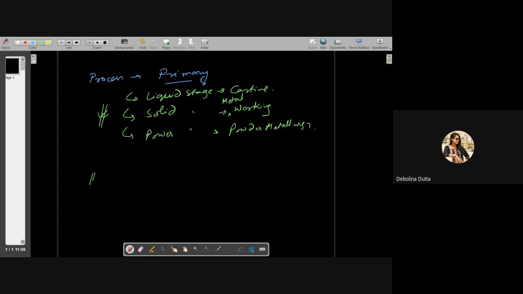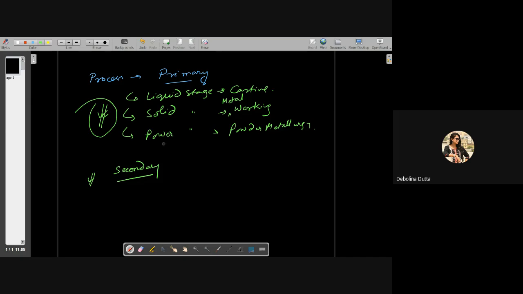Coming to the next classification, that is the secondary manufacturing processes, where the final shape and size are imparted by proper control over the dimensions and sizes. When I talk about primary manufacturing there is no proper control, but in the secondary manufacturing process we get the final shape and size with proper control over the dimensions and sizes.